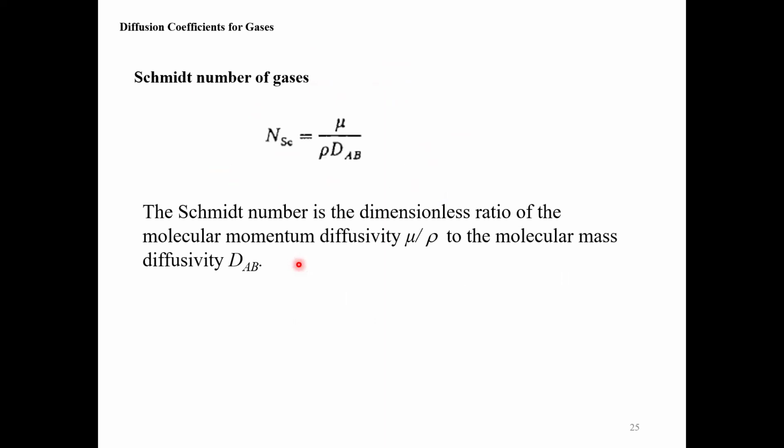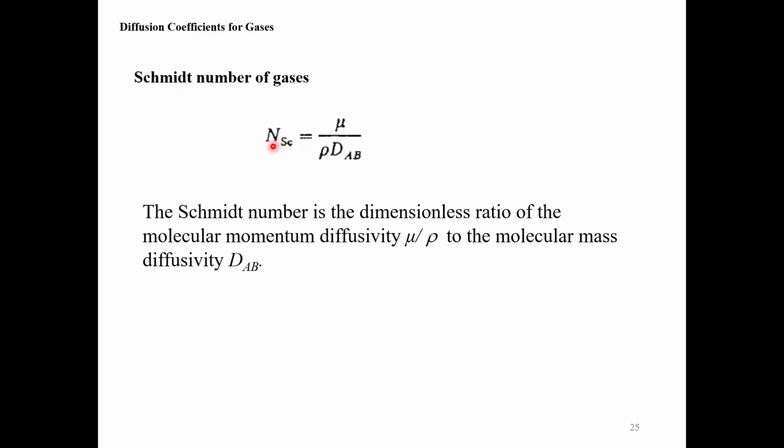So we'll end this lecture by looking at a new dimensionless group that provides the relationship between momentum diffusivity and mass diffusivity, which is called the Schmidt number.